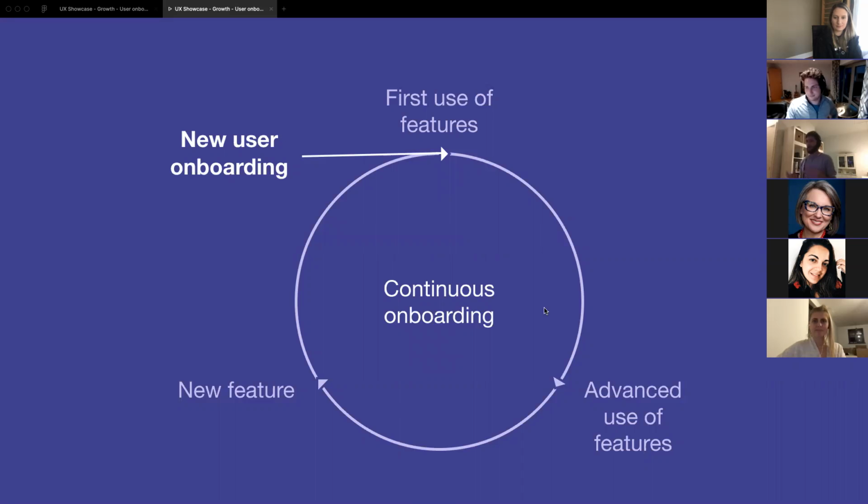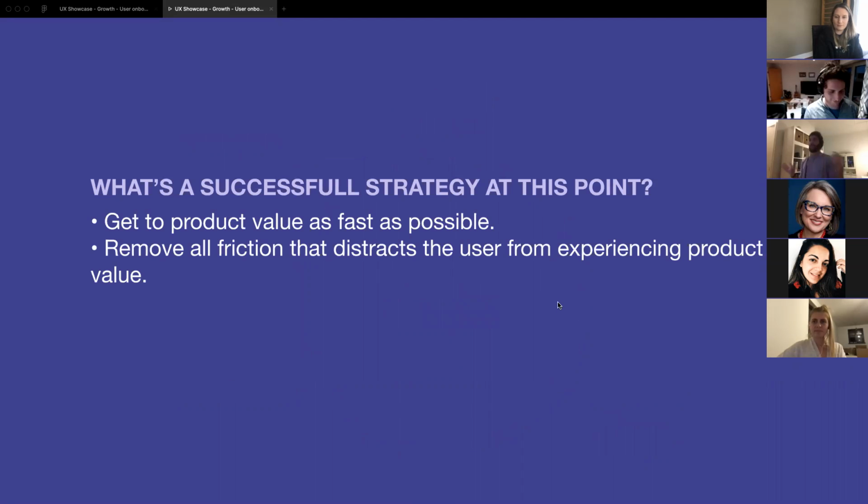It's critical for us to keep pitching the value of our features to users consistently and constantly so that we retain as many new users as possible and transform them into happy customers. So today I'm just going to be talking about the surface of this, which is new user onboarding.